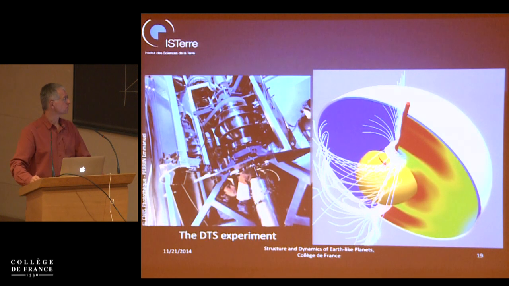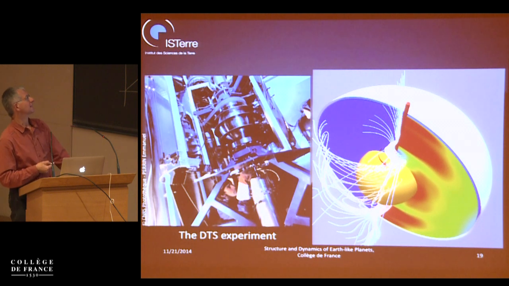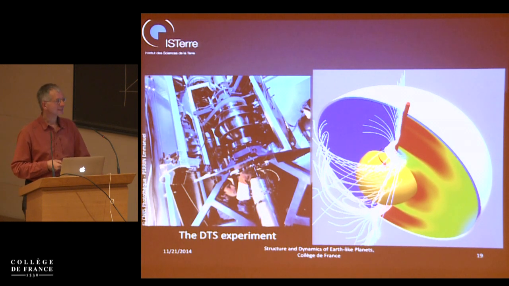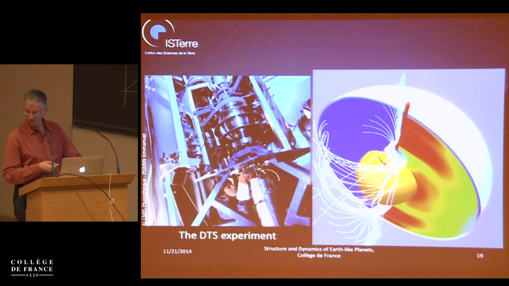And I would like to finish by just showing some recent results we've obtained in our DTS experiment. So that's only where the experiment comes in, I'm afraid. But some of the ideas I discussed before are very much influenced, inspired. Yes. So this is an experiment in which we have some motions in a liquid sodium shell surrounding an inner sphere which contains a very strong magnet.